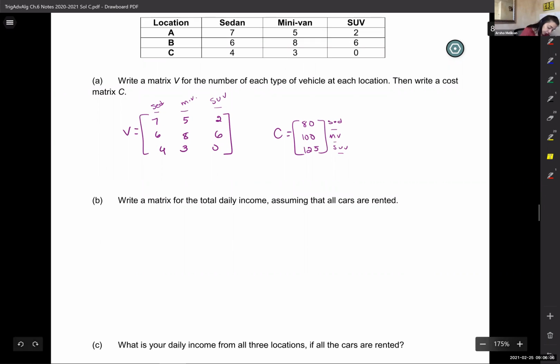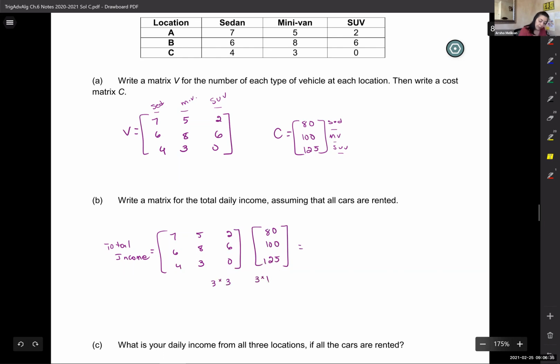So to do that, the total income, you have to multiply V times C. So 7, 5, 2, 6, 8, 6, 4, 3, 0 times C, 80, 100, 125. Okay, so what have we got here? A 3 by 3 and a 3 by 1. So my resulting matrix is going to be a 3 by 1, 3 rows, 1 column.